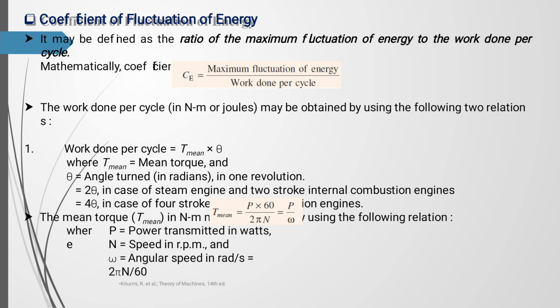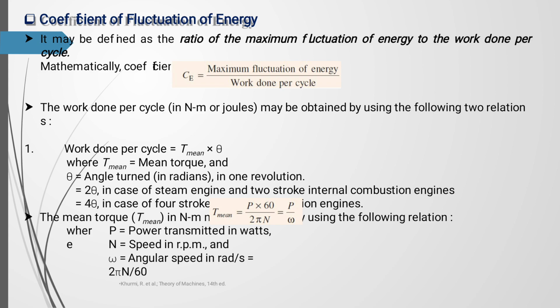So one by one, the formula also can be derived. Work done per cycle equals T mean into theta. We know T mean is the mean torque, and theta is the angle turned by the crank in one revolution. Then the mean torque can be calculated; all of you know the power formula. Power equals 2 pi N T divided by 60.